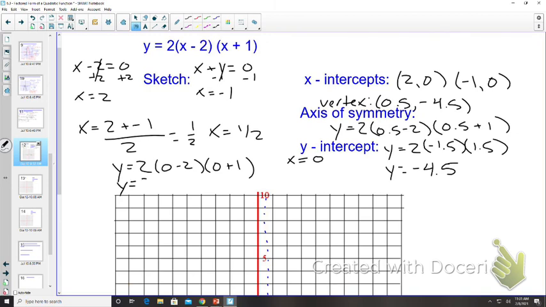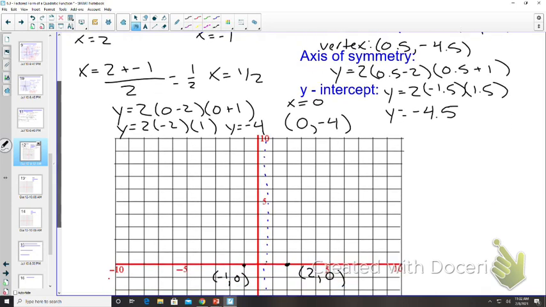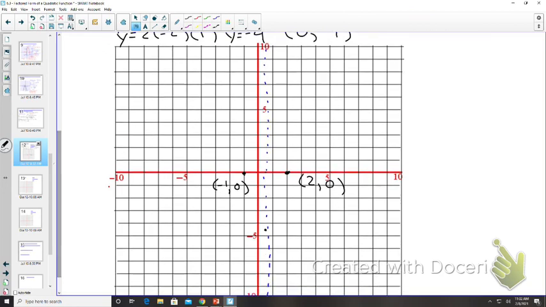Y is equal to negative 2 times 1. 2 times negative 2 is negative 4. 4 times 1 is still negative 4. So my y-intercept is going to be 0, comma, negative 4. Which is right here.